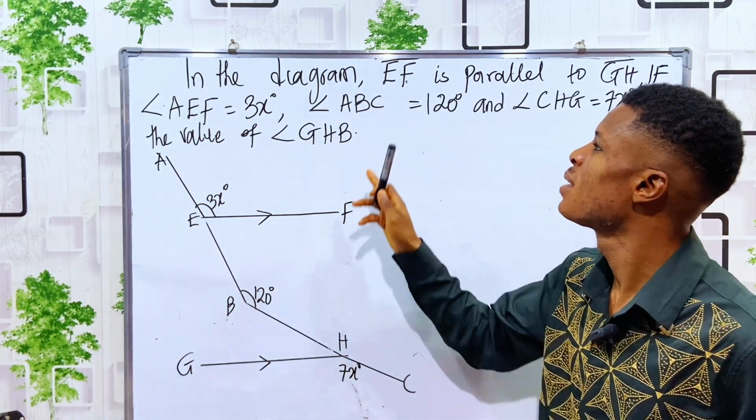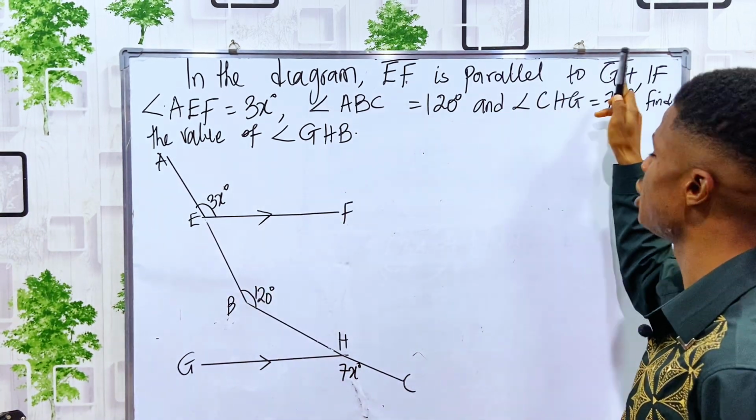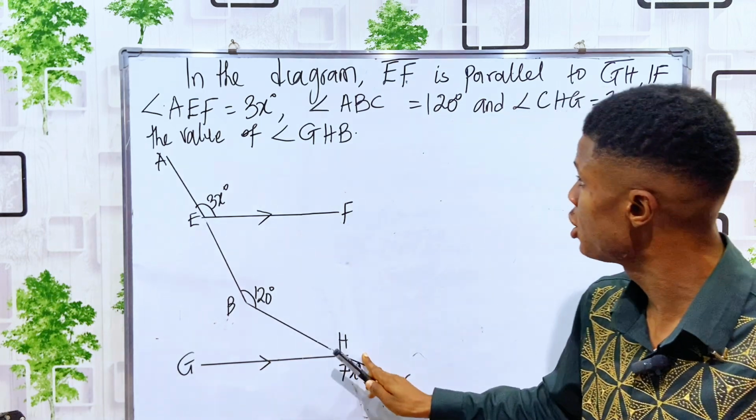In the diagram, EF is parallel to GH. This is GH.